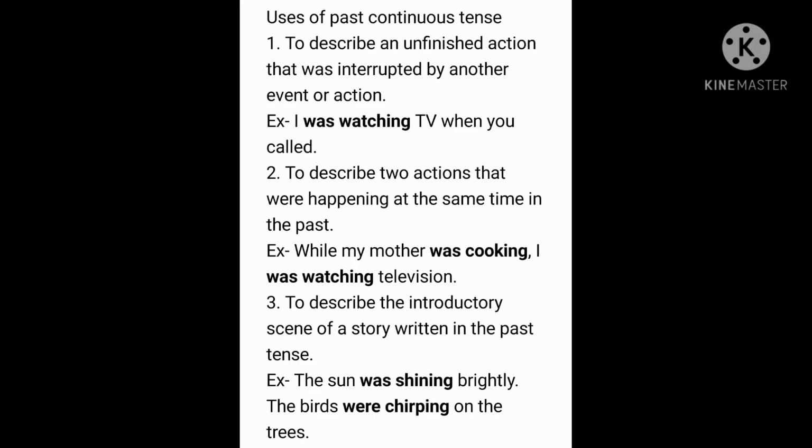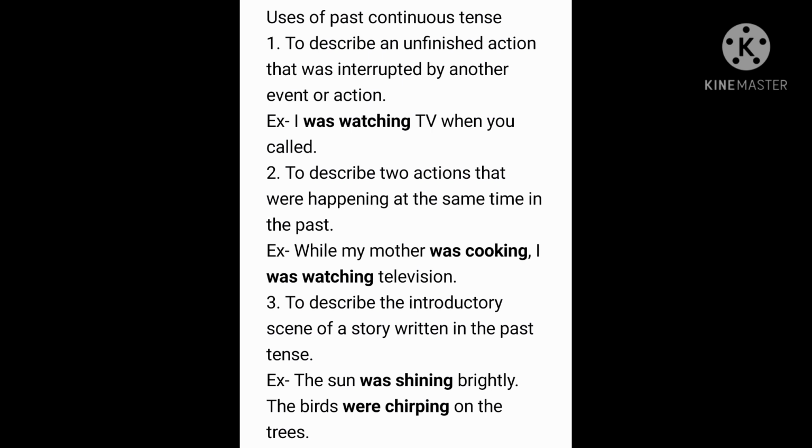Now let's take a look at the uses of past continuous tense. To describe an unfinished action that was interrupted by another event or action. For example, I was watching TV when you called. Okay, so one action was already going on, I was watching TV, and you interrupted with another action, right? When you called. The second use is to describe two actions that were happening at the same time in the past.